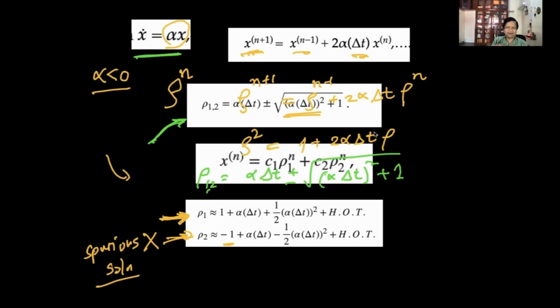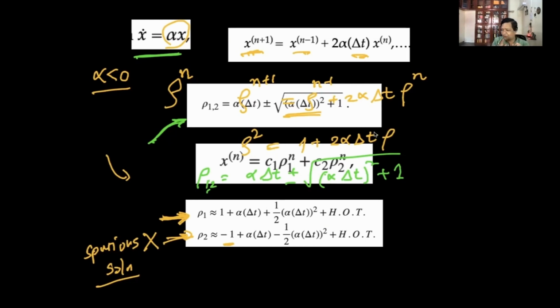Otherwise, typically, we give the initial condition, it will just advance in time, and it is going to take both rho 1 and rho 2. So we have to make sure, and keep doing it often, so that rho 2 is suppressed.